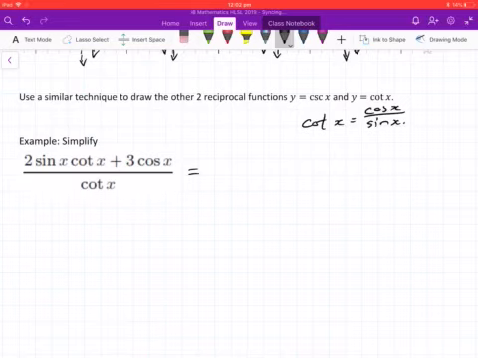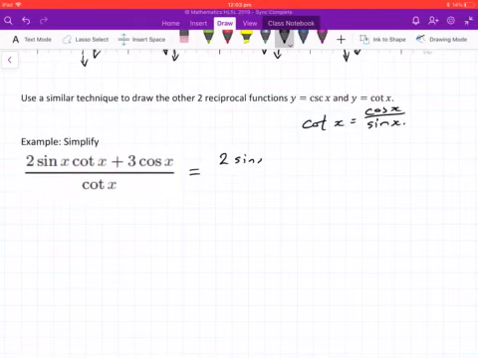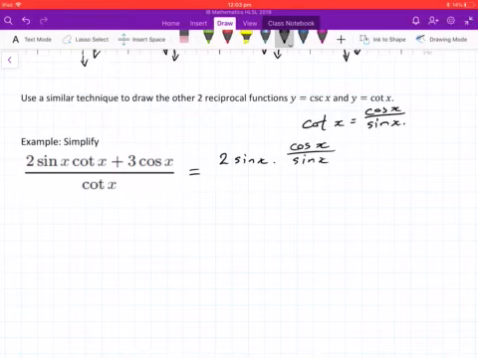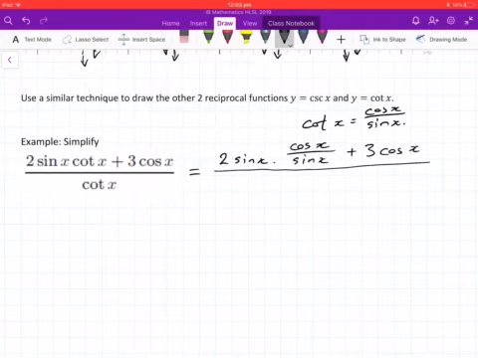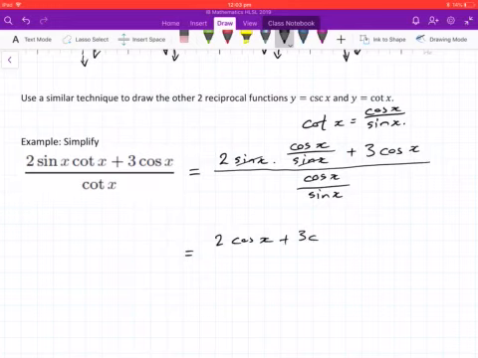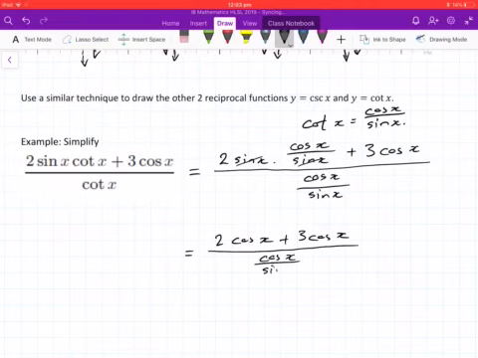Now, remembering that what I just wrote before, cot x is equal to cos x over sin x, I'm going to write this as 2 sin x times cos x over sin x plus 3 cos x, that doesn't change, over cos x over sin x. Okay, let's see what happens next. Well, do you see that the first term, we've got sin x here and sin x, so they go away. So we're going to have 2 cos x plus 3 cos x over cos x over sin x.